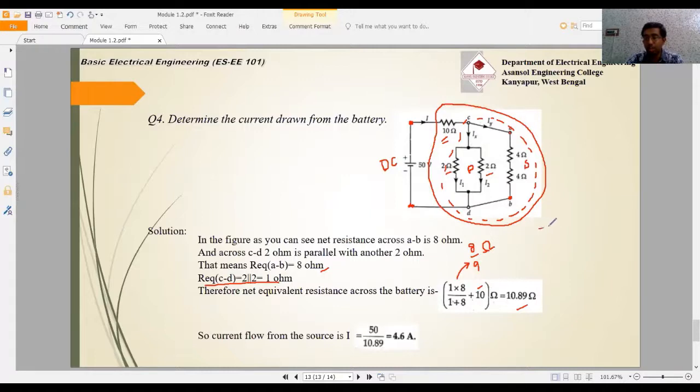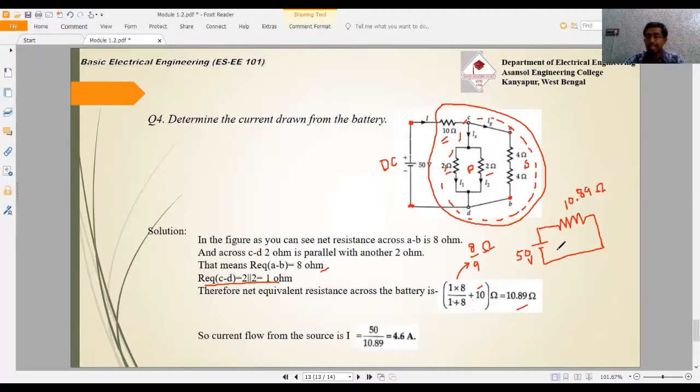So we can draw this figure like this. This is your 50 volt, and this is your equivalent resistance, that is 10.89 ohm.